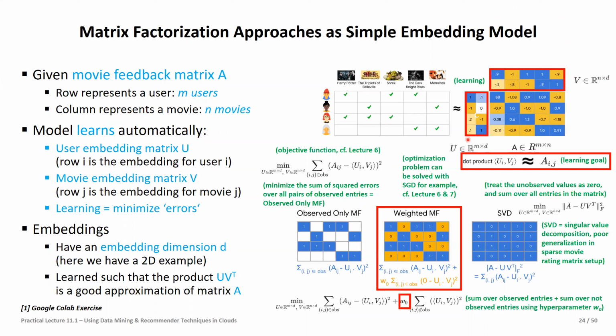Then, of course, you have a matrix U, which captures all the user embeddings, which are M users, also of dimension D. And by doing this dot product, the learning goal is really to have this rating matrix A, which is an M cross N matrix, approximated as well as possible. That might not be 100%, it's machine learning, or data mining with optimization, but still we want to get really close.